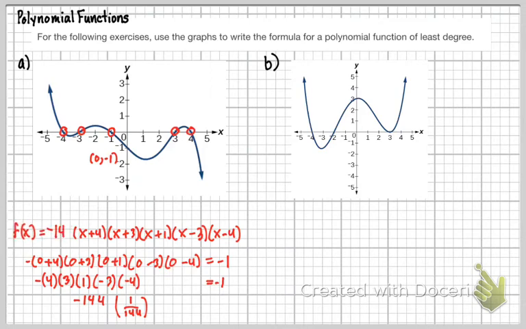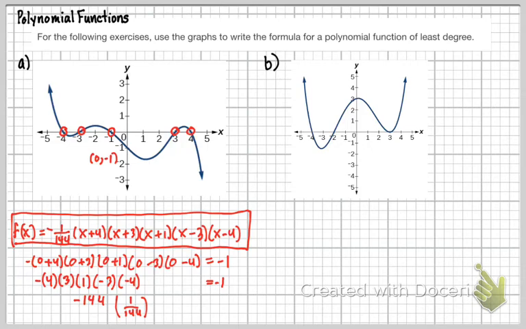Or not a 144, excuse me, a 1 over 144. And then that would be my answer. Hopefully that's okay for you. That's kind of a tough idea to incorporate here.